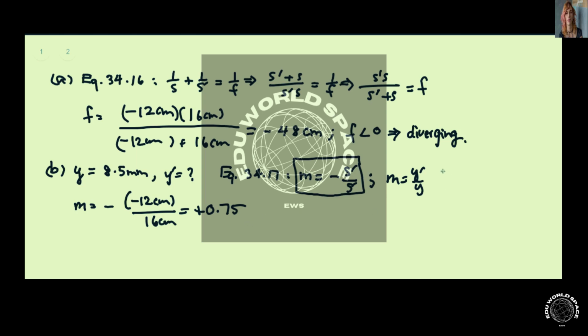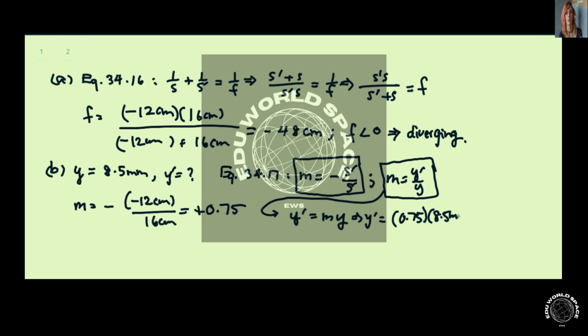So here we have the magnification, and now let's use the second part of the equation. If I rearrange a little bit, that tells me that y prime is equal to m times y. So y prime is equal to 0.75 times 8.5 millimeters, which gives me 6.38 millimeters.